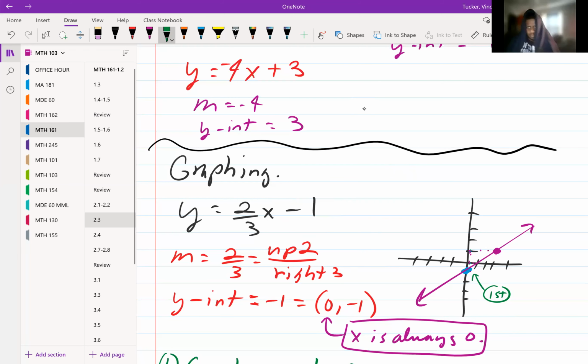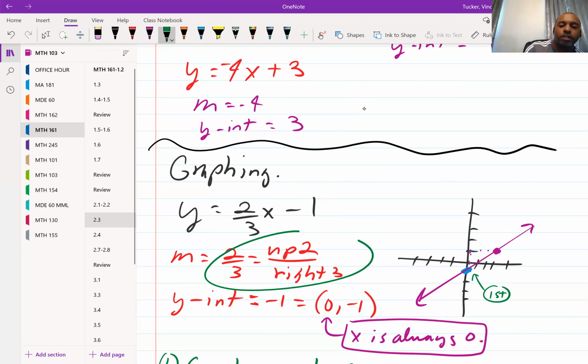All we need is our y-intercept, and then these directions are going to give us another point.